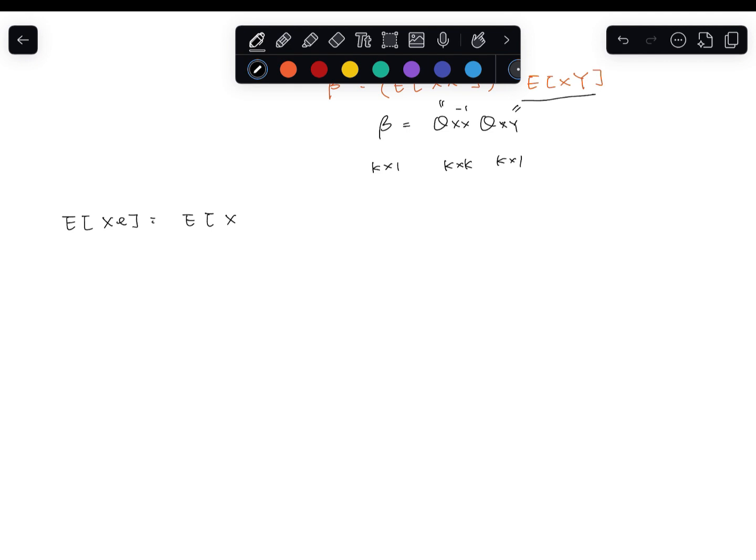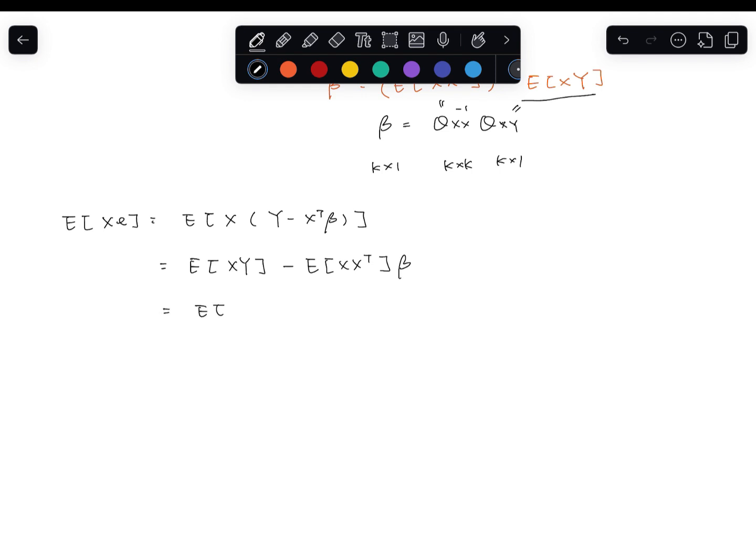Let's first substitute e here with y minus x transpose beta. And then let's separate it into some parts, which is X transpose and beta here.